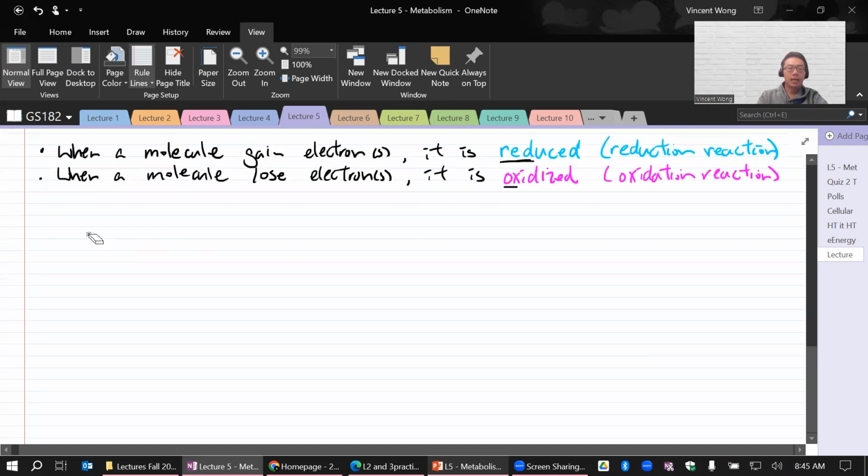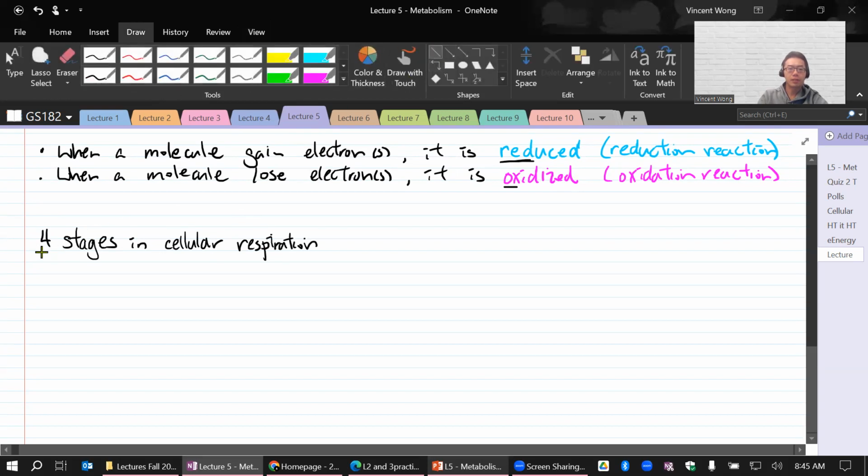Okay. So there are 4 stages, we call them, 4 stages in cellular respiration. First stage is what we call glycolysis. Okay, don't worry about what it means right now. We're gonna explain later on. Just write down the names.